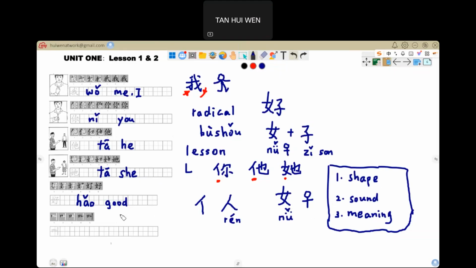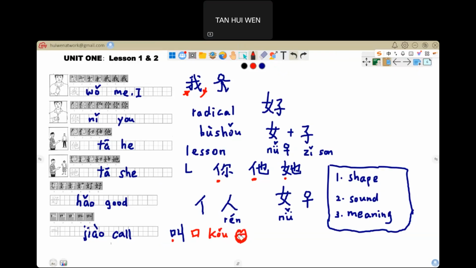All right, with the same logic, we look at this one. This one is 叫. 叫 is call. The radical is this one, 口. The 口 is a mouth. If you remember, open your mouth until it is square, you get a mouth.